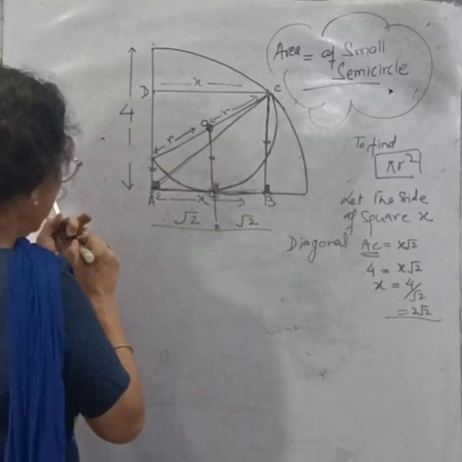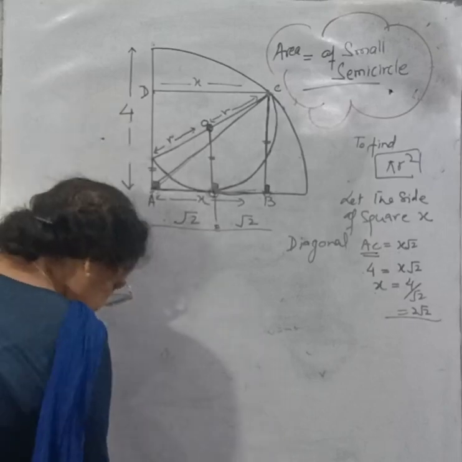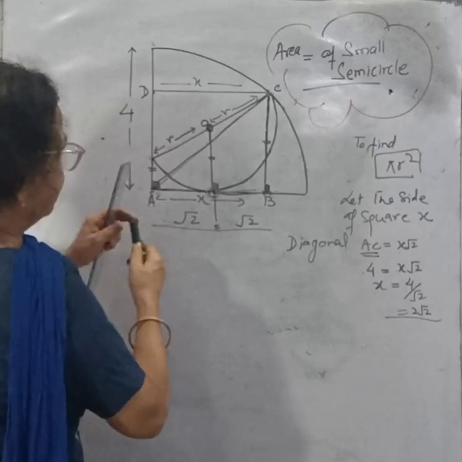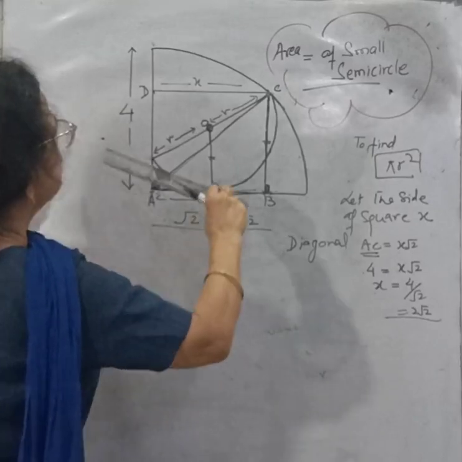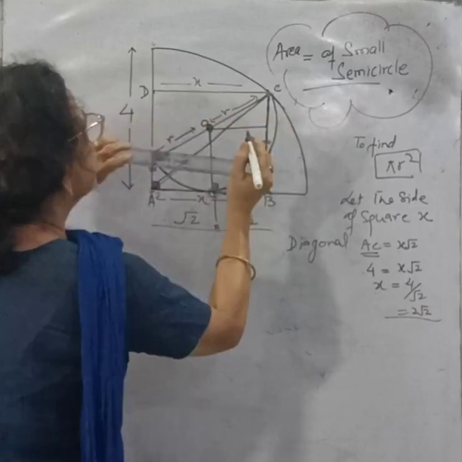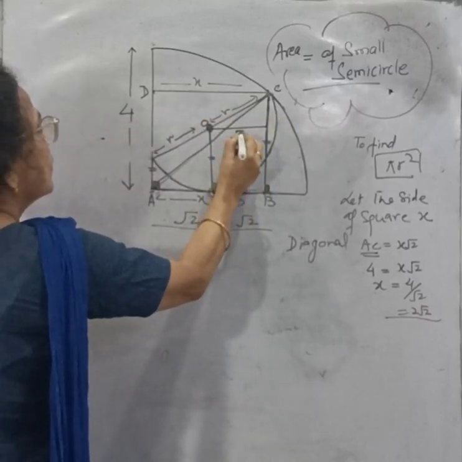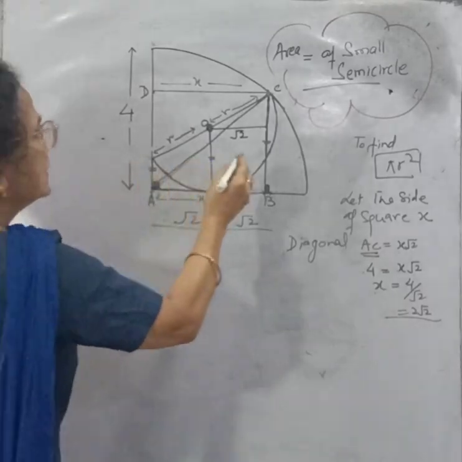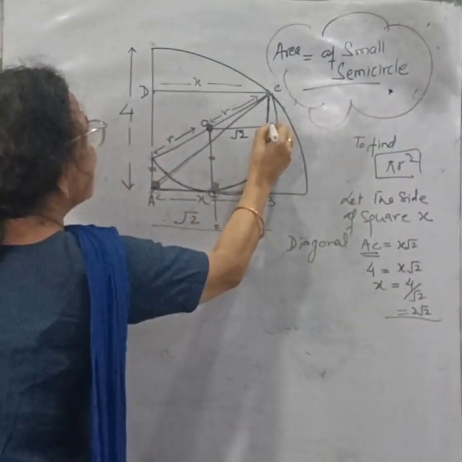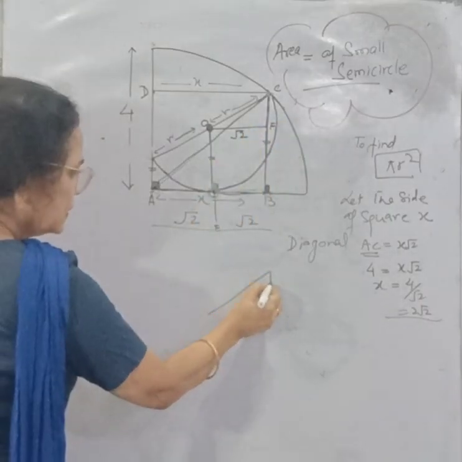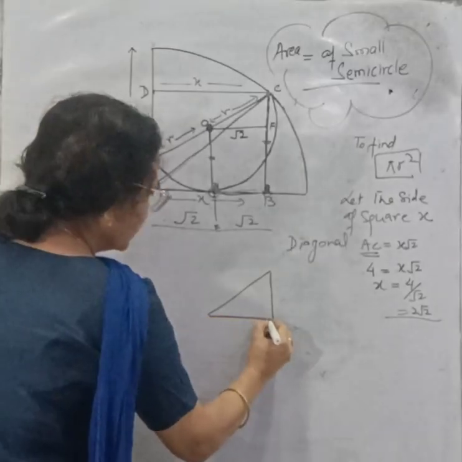Now again we drop the perpendicular from center O on CB, and this will be equal to root 2. Let us suppose this point is F. Now we have a triangle of this shape.